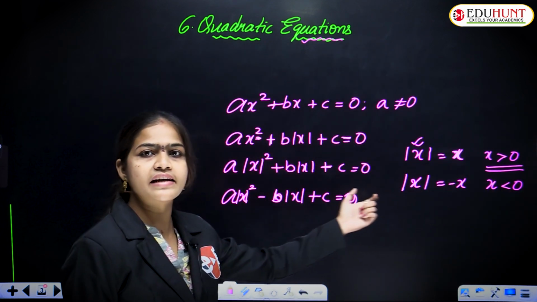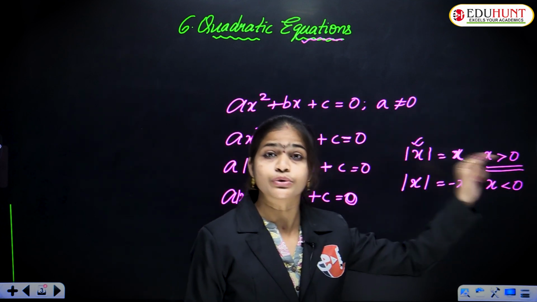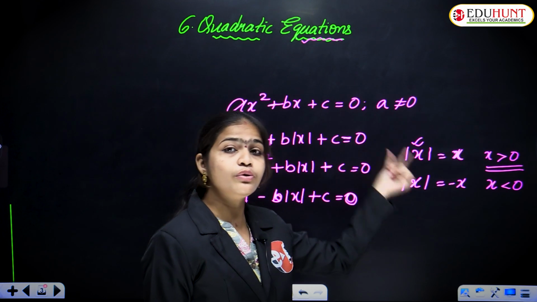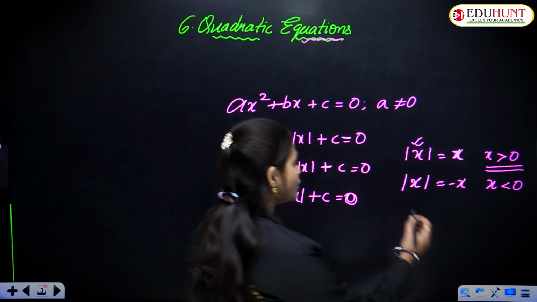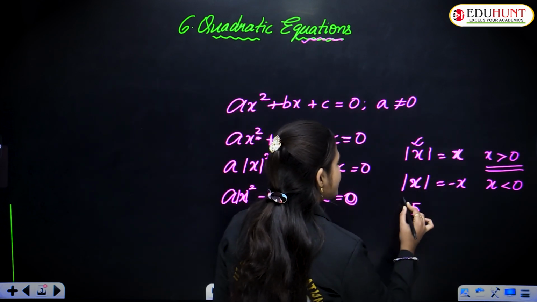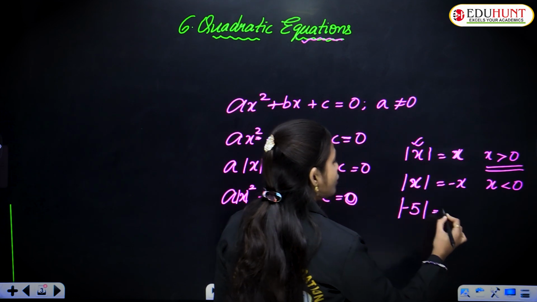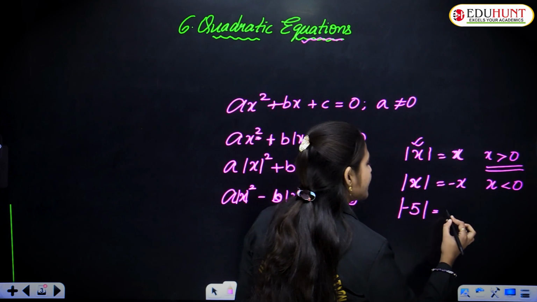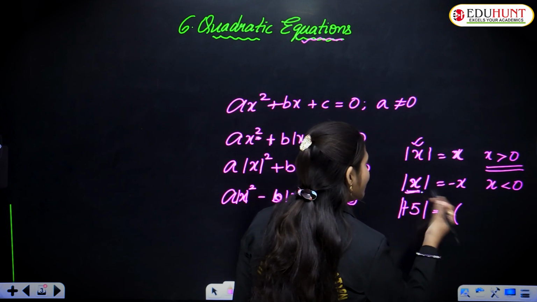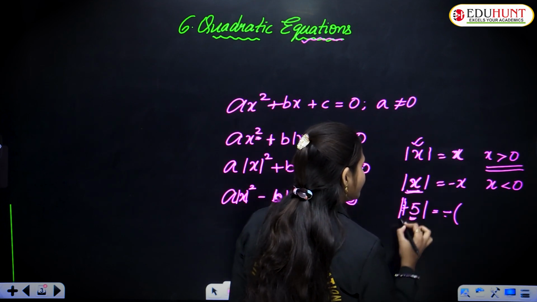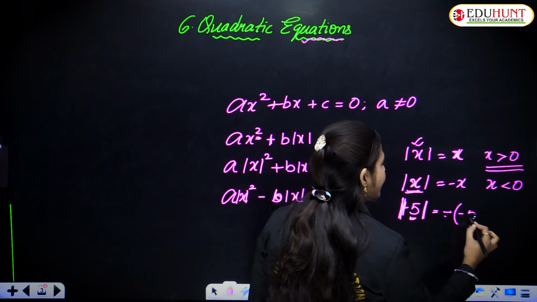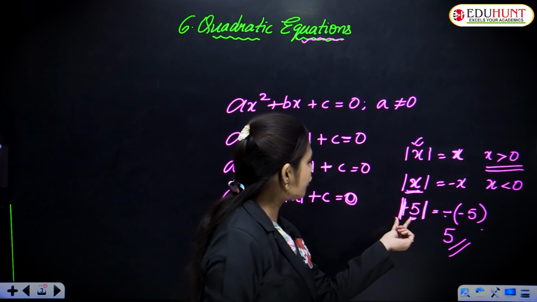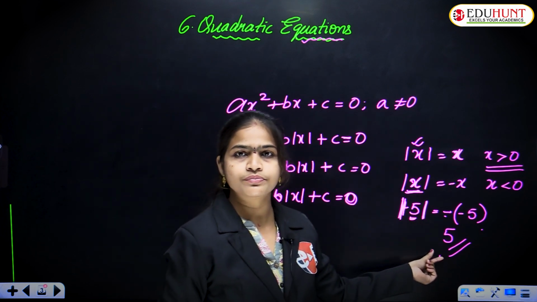Why did you say that modulus x is always positive? Yes, that's what I am saying: the modulus x value is always positive. For example, modulus of minus 5. Here it is minus x, and the x value is 5, so it is minus of minus 5, which is equal to plus 5. So modulus of minus 5 gives a positive value.